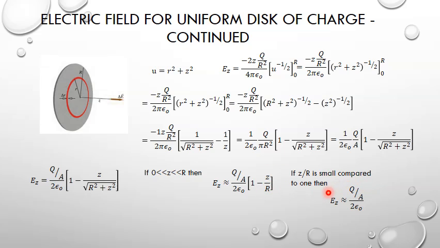I can approximate the electric field above a disk, if I'm really close to the surface of the disk compared to its radius, as being a constant value, or Q divided by the area of the disk divided by 2 epsilon naught. This is going to be an important relationship when we want to define this capacitor model, or two uniform disks together.